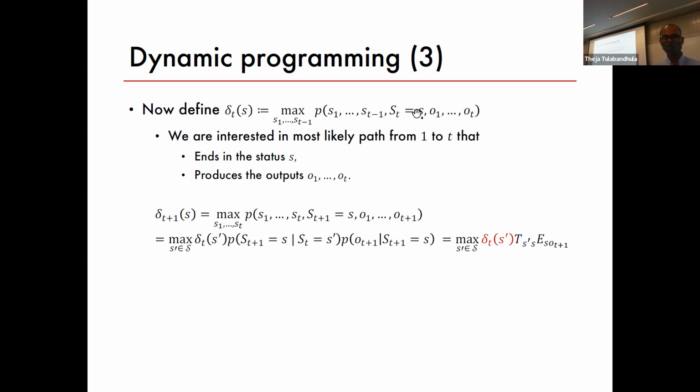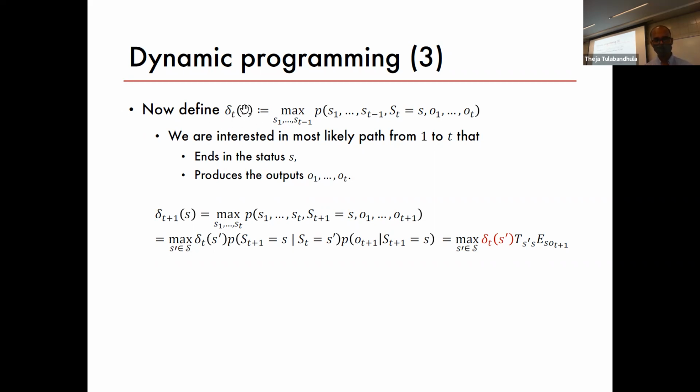The given time and given state are fixed, and the observations are fixed, we don't change them. Everything before that, all the state values before that, we don't know, so we can take a max over them. We can't solve it directly, but let's define delta_t of s this way.